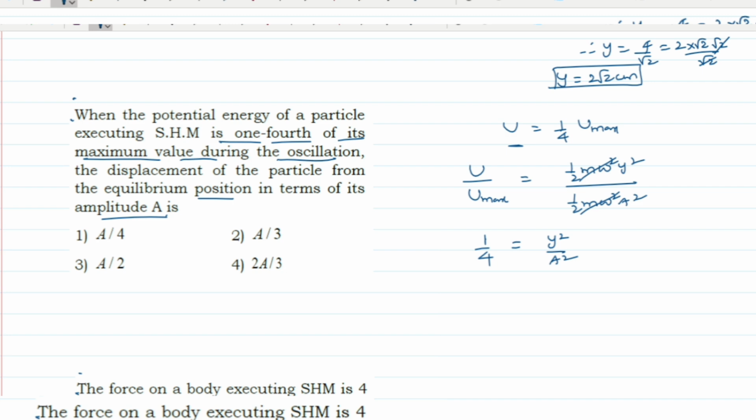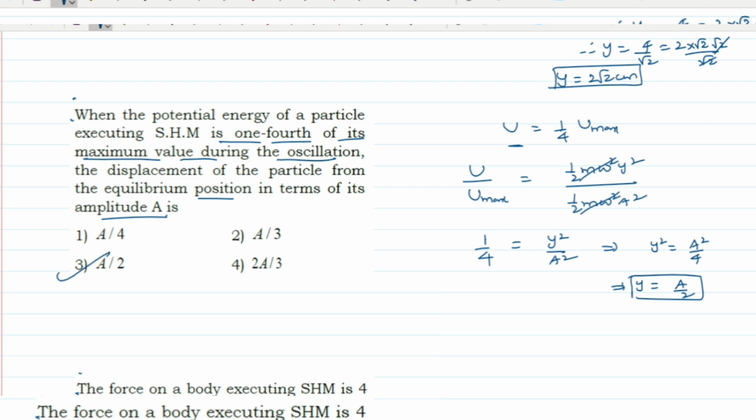Then y square equals a square by 4, and y equals a by 2.